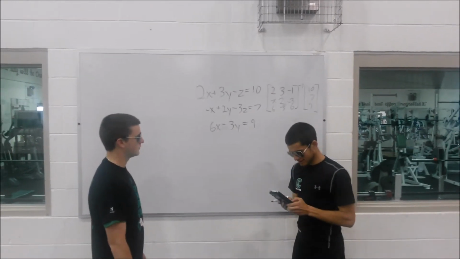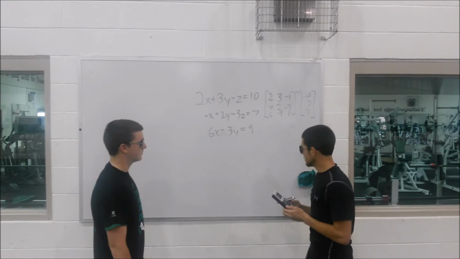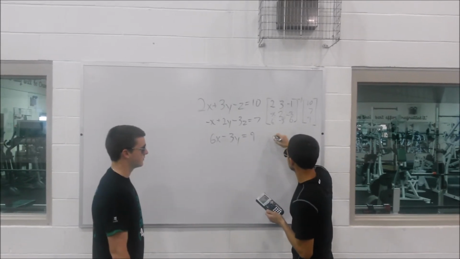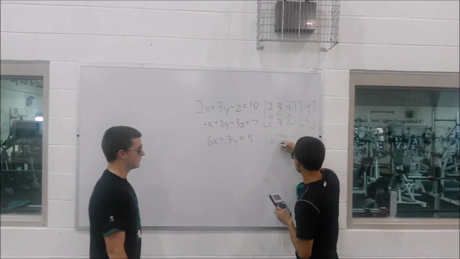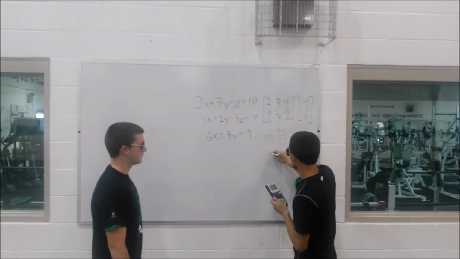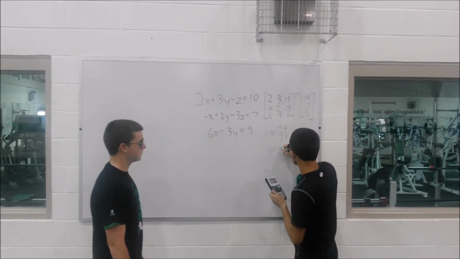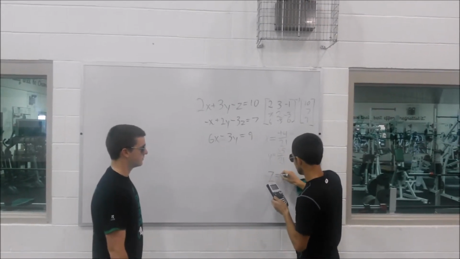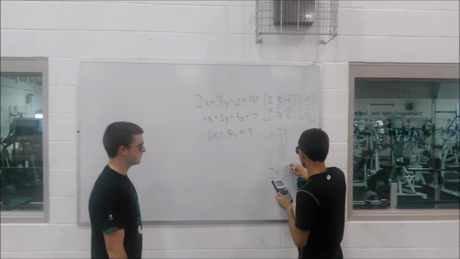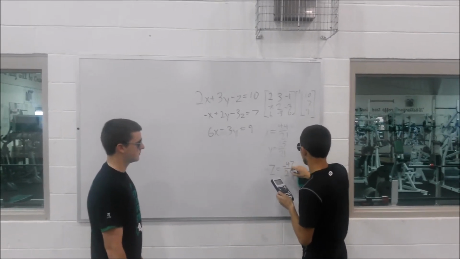And when plugging it into the calculator, it will give us that x equals 44 over 21, y equals 25 over 21, and z equals negative 47 over 21.